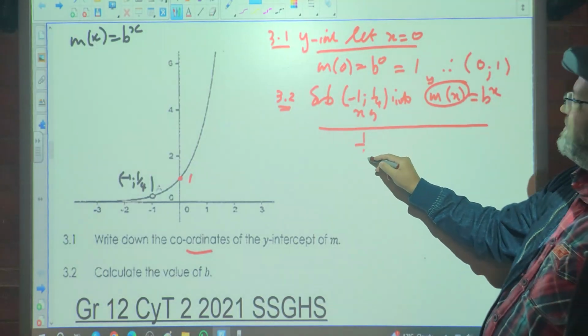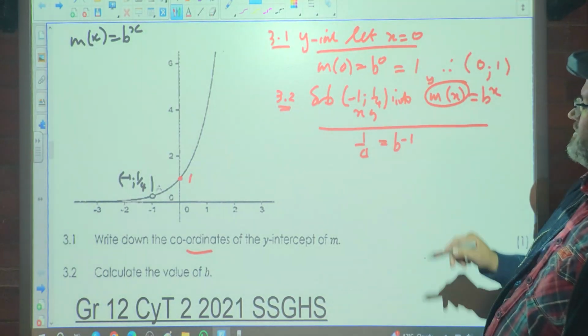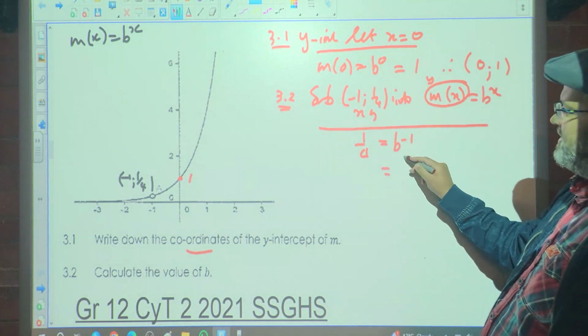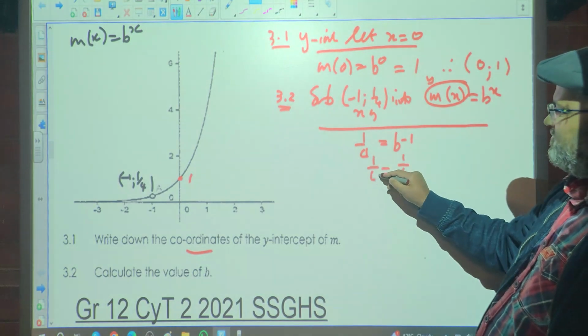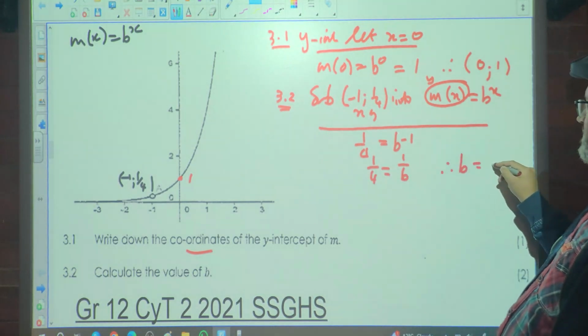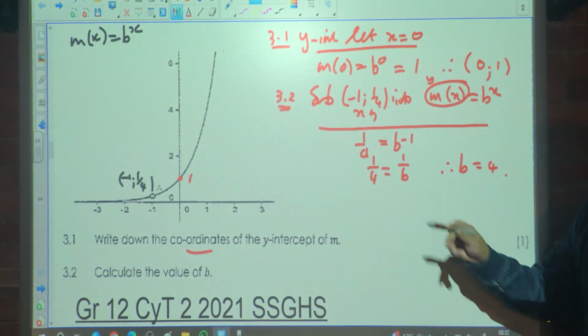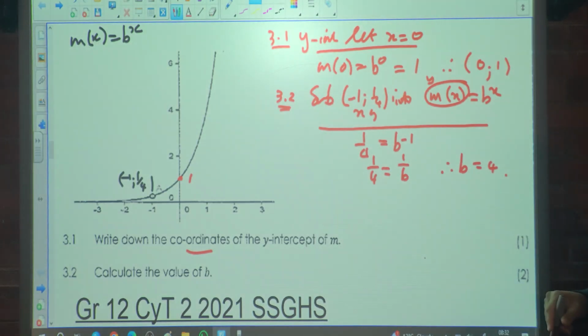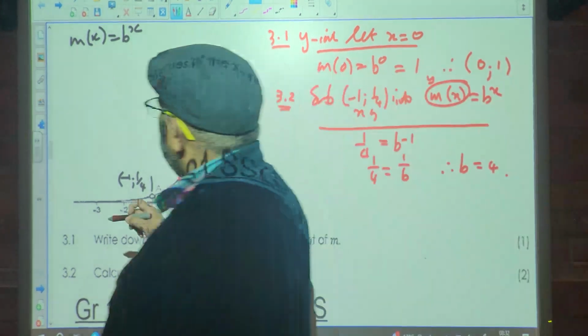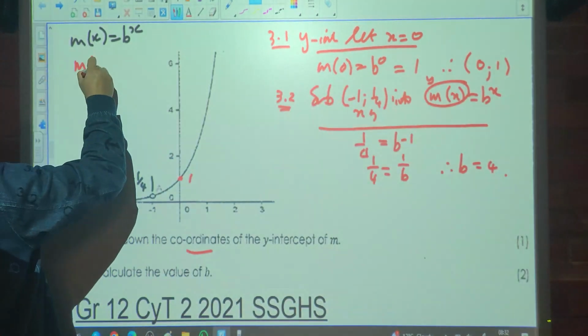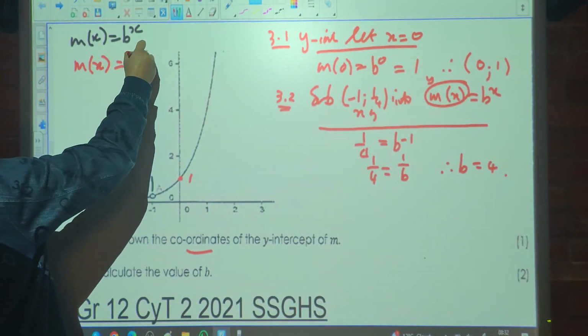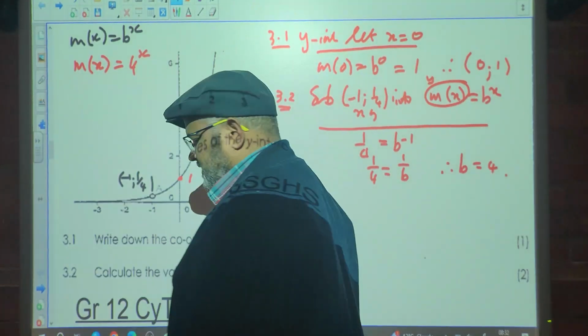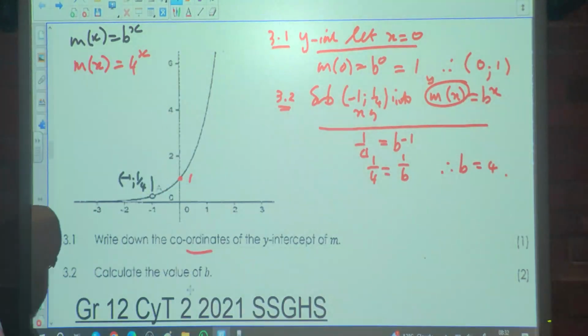So we get 1/4 is equal to b to the -1. Now b to the -1 is 1 over b equals 1 over 4. Therefore b is equal to 4. Or you can cross multiply and get b to be 4. Okay, so m of x is equal to 4 to the x. Okay, go to the next question.